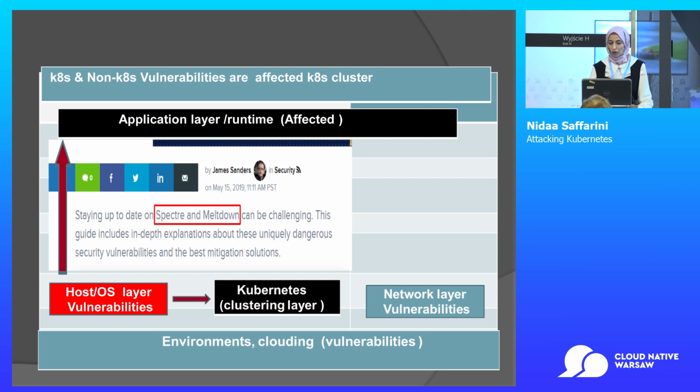The other one is inside the kernel. This happened in 2018. This vulnerability, Spectre and Meltdown, affects our host operating system, which is related to the kernel, and allows the hacker to read the memory. All processes have an ID connected with the memory.